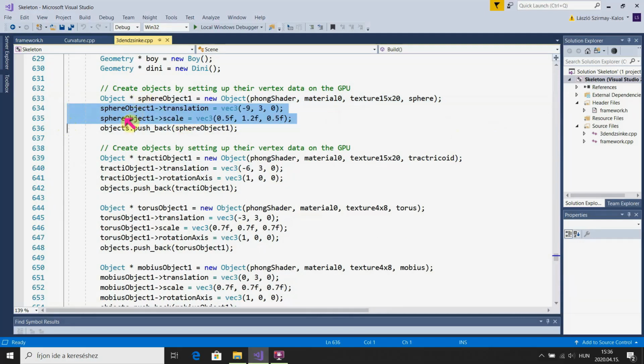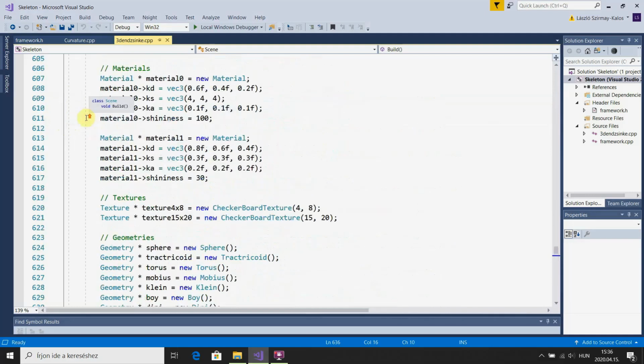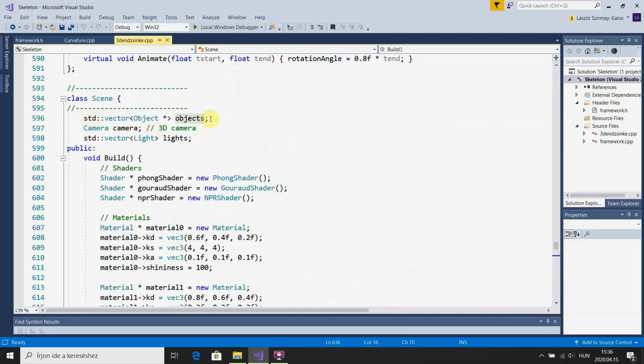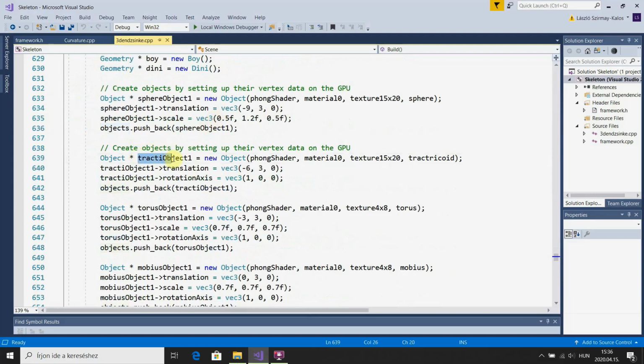And when the object is really created, we add this particular object to the collection of objects defined here, which is the real definition of the scene. The second object is a tractricoid object, also rendered with the material 0 and texture 15 times 20 and using per pixel shading.